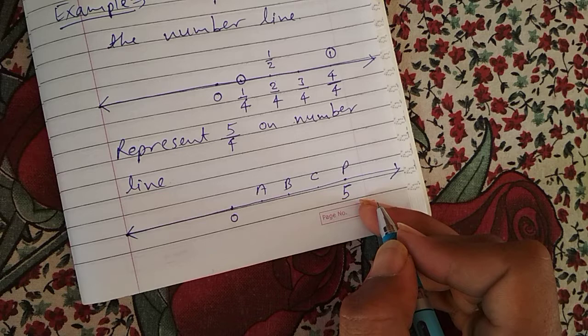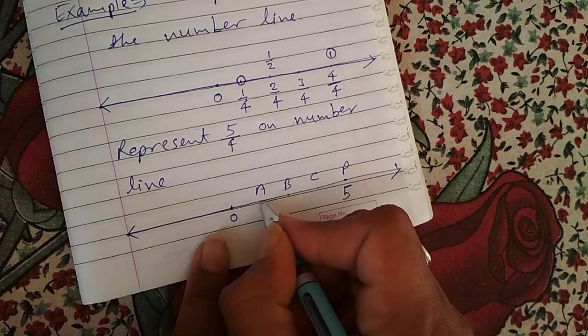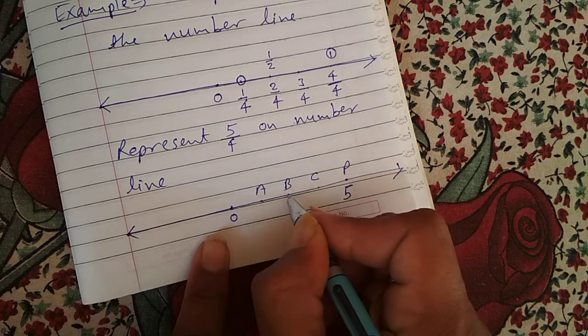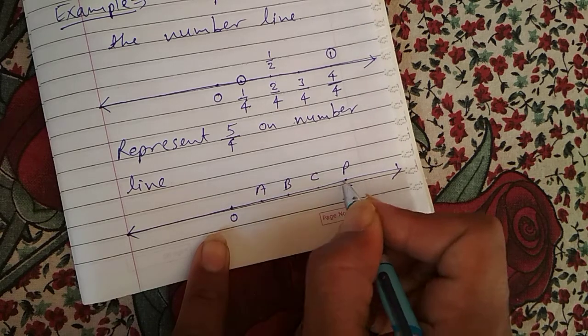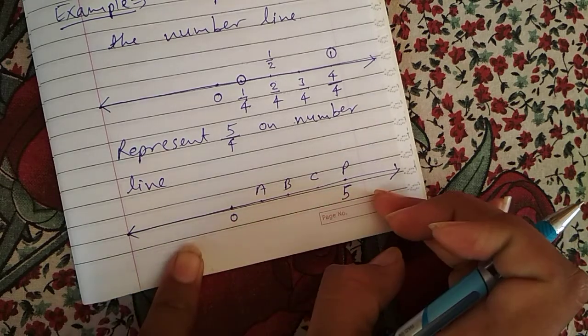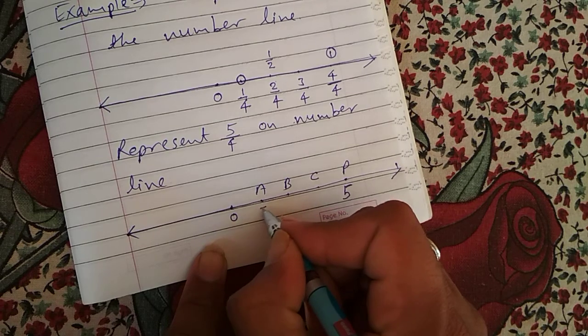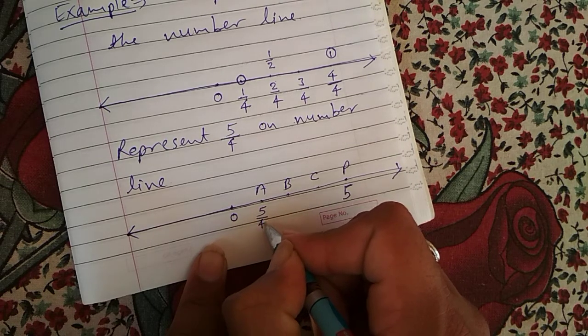We are dividing 5 into 4 parts, that means 1, 2, 3 and 4. Therefore, we can say 5 upon 4.